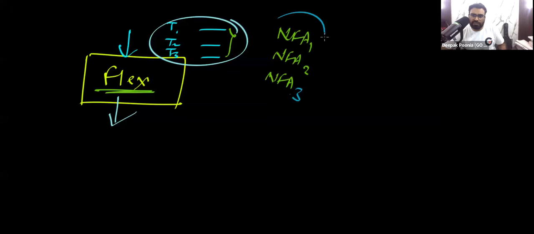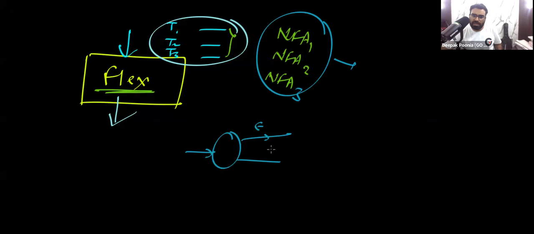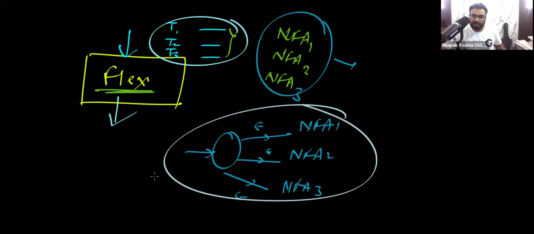Then these NFAs will be combined like this by null moves. This is NFA1, this is NFA2, this is NFA3. This is the combined NFA that will be created.